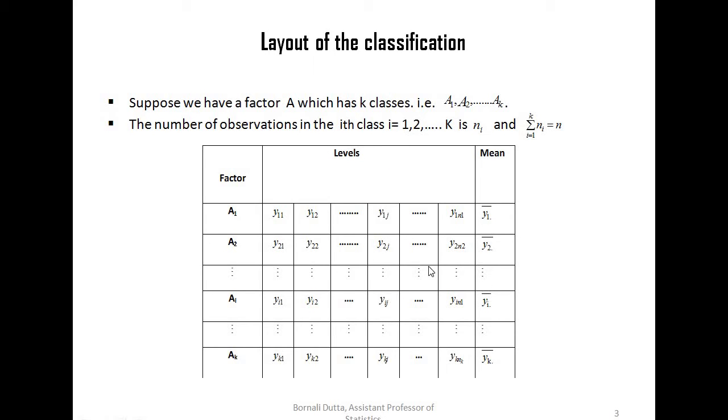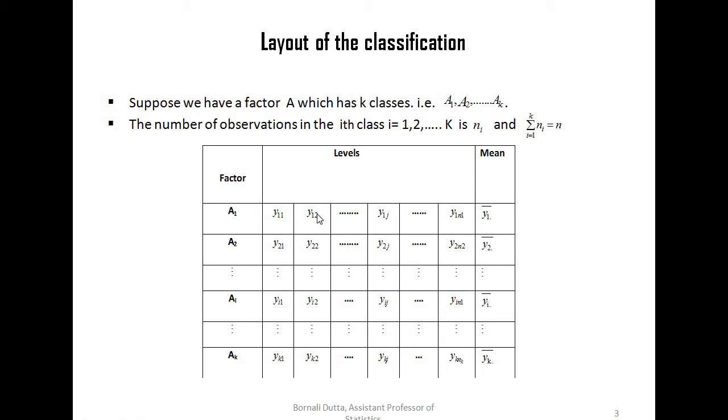See here, I have already explained that yij denotes the jth observation in the ith class. So y11 represents the first observation in the first class.